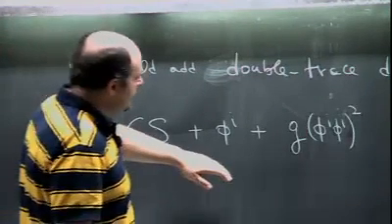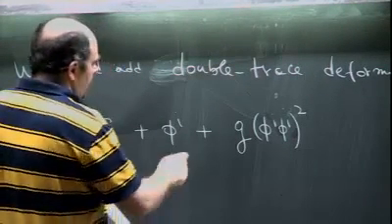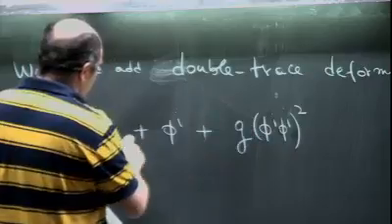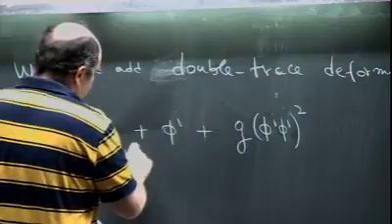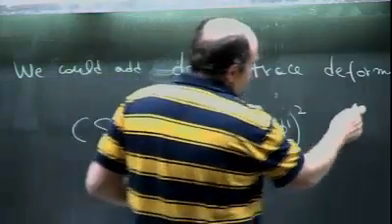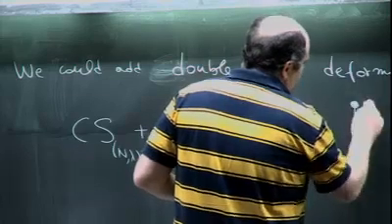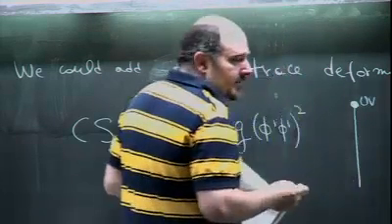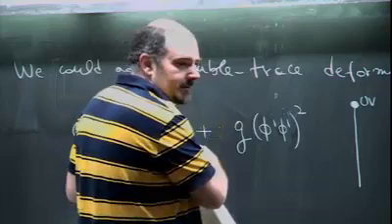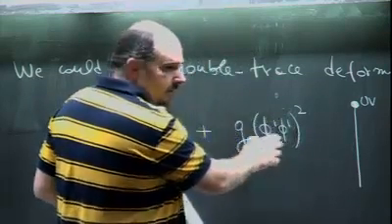So we can repeat what we discussed yesterday now in the presence of this. And then this will trigger a flow from a theory in the UV, which is now not a free theory, but it's this Chern-Simons plus scalar theory without this coupling.